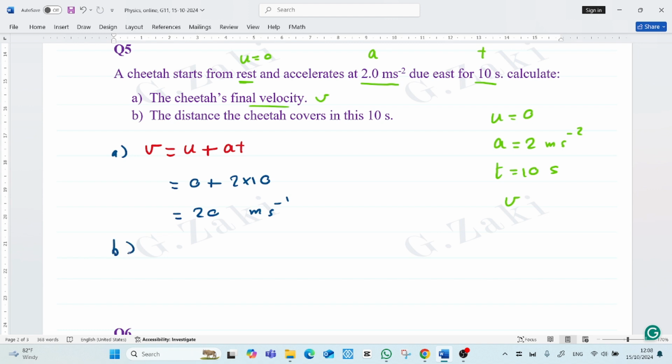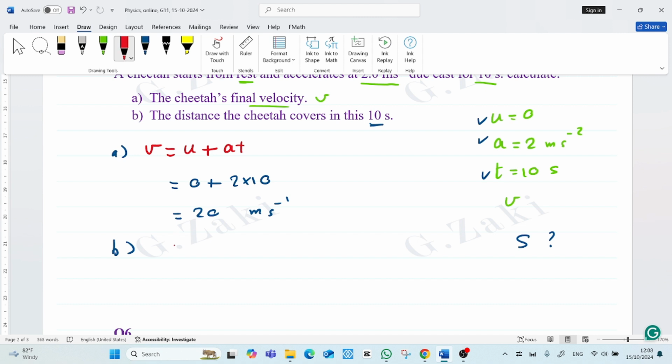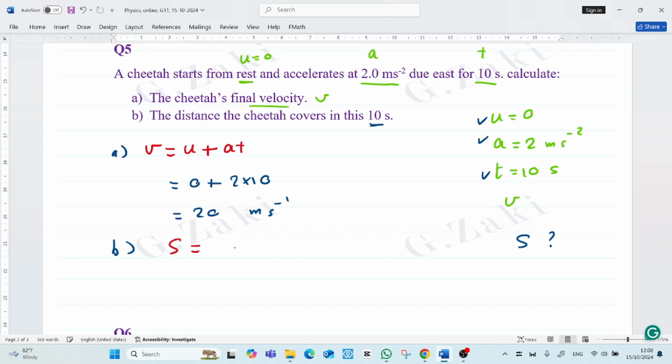In part B, it said the distance covered in 10 seconds. We need S. Also, try to depend on the givens. We have u, a, t, we need S. What is the best formula for S? The best formula for S equals UT plus half AT squared.